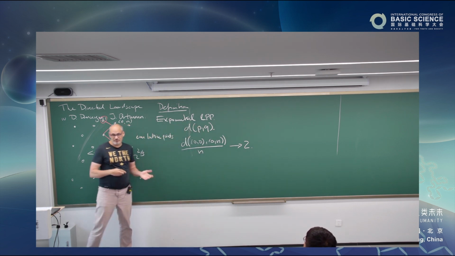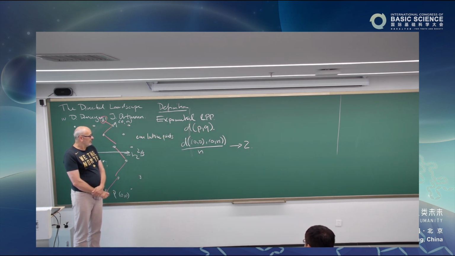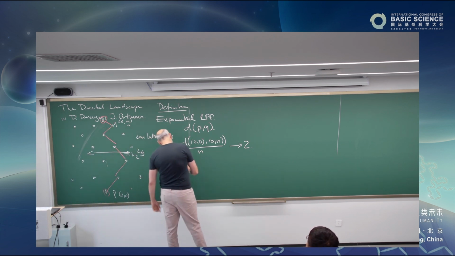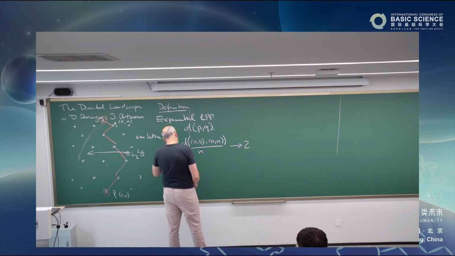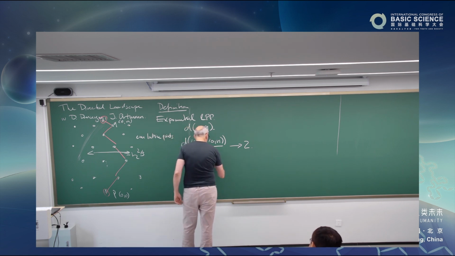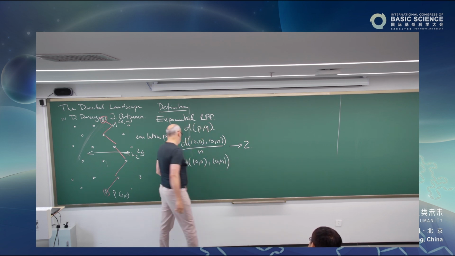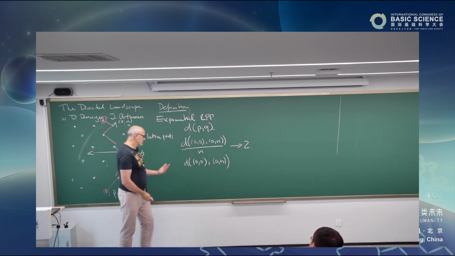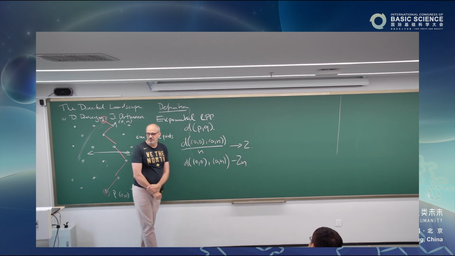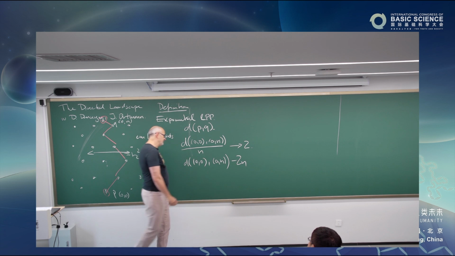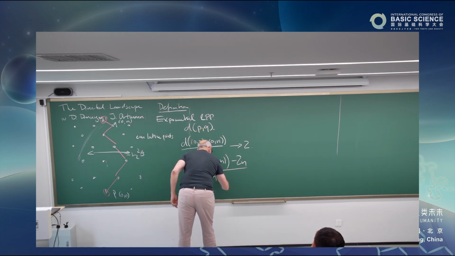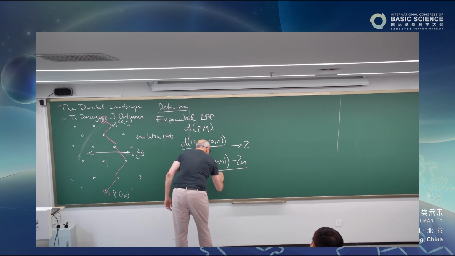Okay, so that's the first thing that you can look at. Another thing that you can look at, and this was done by Johansson in the 1990s, is you can look at this object, just the distance, and subtract 2n from it, so see what the fluctuations are. So now you get something which is little o of 2n. And in fact, the answer is it's of order n to the 1/3.